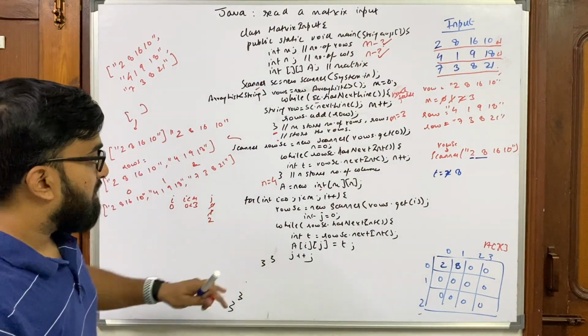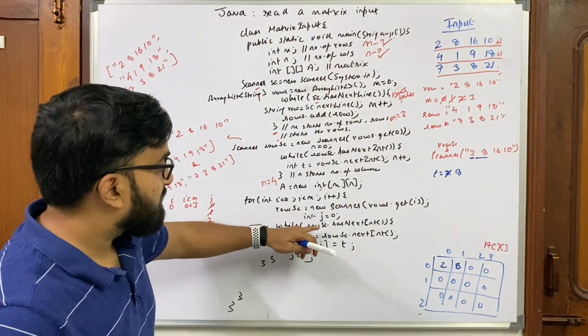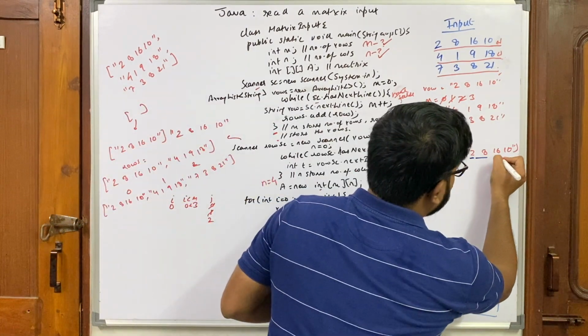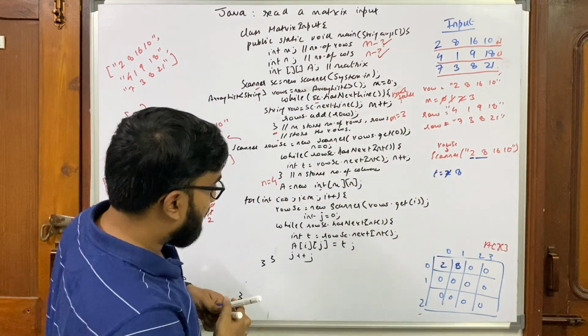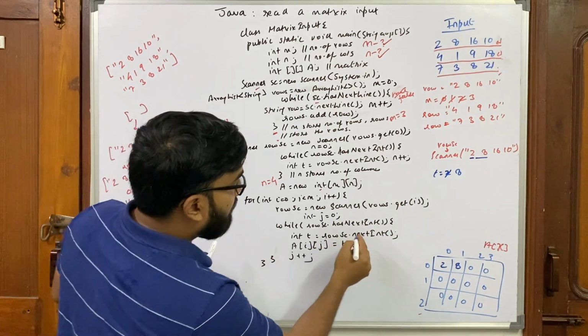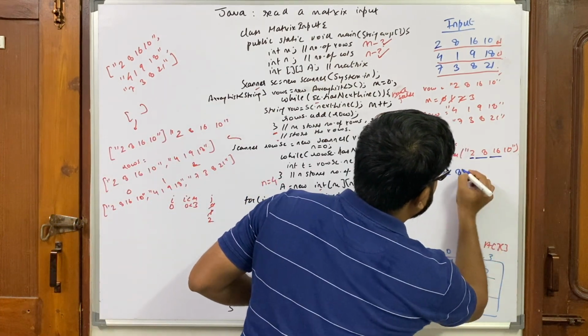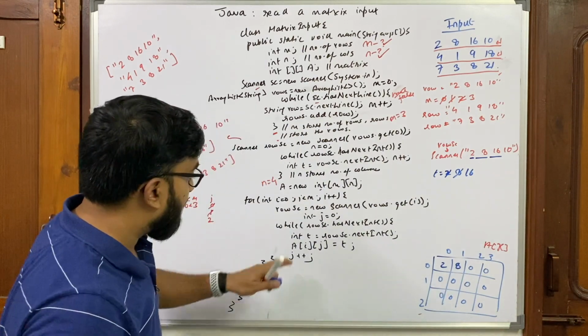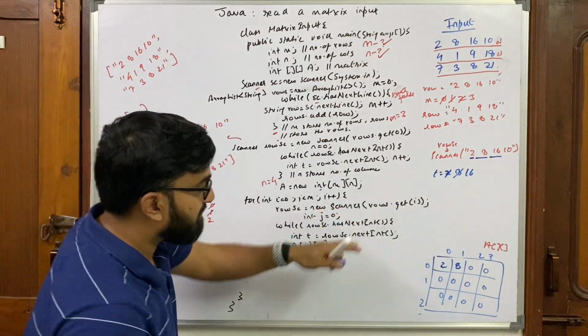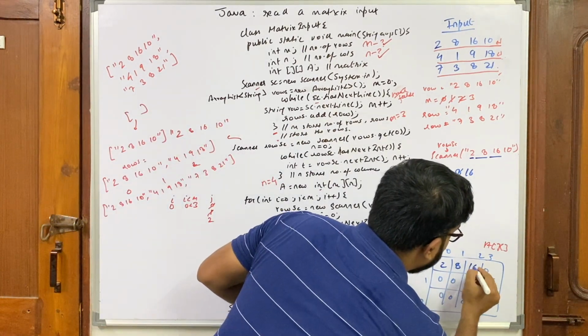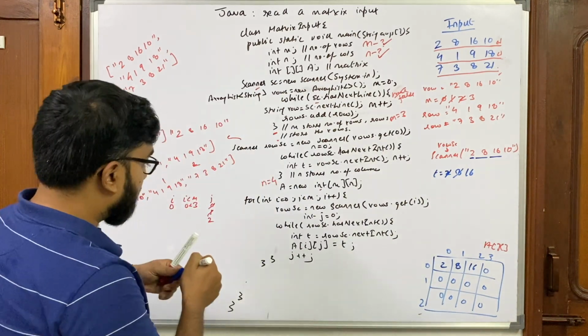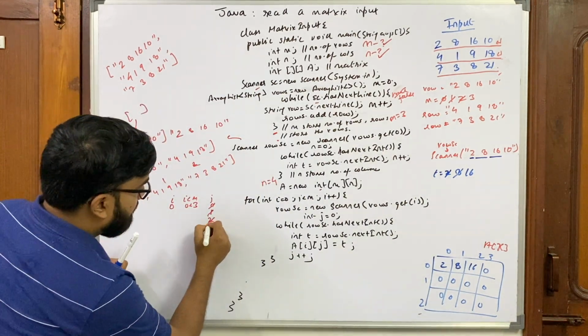We go back to check the while loop condition, row sc.hasNextInt, there is an integer 16 starting from here, so we return true. Then you do row sc.nextInt, this part is used, 16 is returned, so t is 16. a[0][2] is t, which is 16, so 16 comes at 0, 2. Then j plus plus, and j becomes 3.